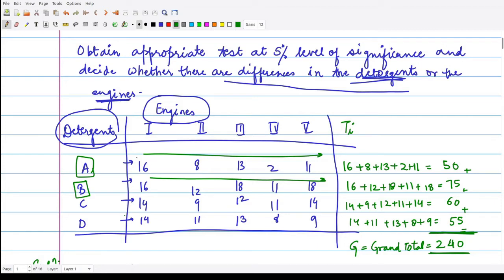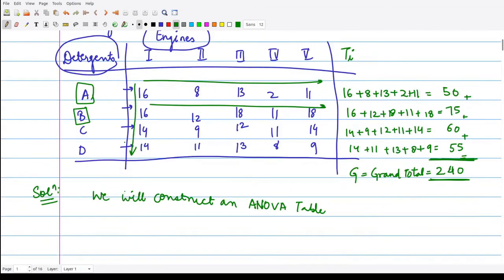For engines, we'll add all these quantities column wise. For the first one, it would be 16 plus 16 plus 14 plus 14, so this will be 60. For the second one, it would be 8 plus 12 plus 9 plus 11, so it would be 40. Then here it would be 13 plus 18 plus 12 plus 13, so it would be 56.